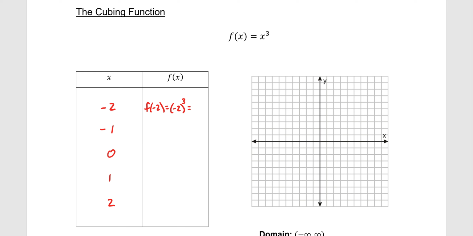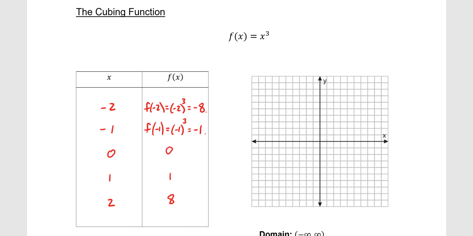This is a negative to an odd power, so it stays negative. Negative 2 cubed is negative 8. So plugging in negative 1, negative 1 cubed, negative to an odd power once again, the negative stays, so this is negative 1. And then we get 0 cubed is 0, 1 cubed is 1, 2 cubed is 8.